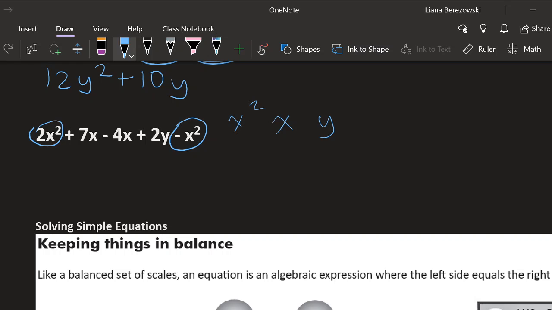So this is really a question of 2x squared minus 1x squared. So 2 minus 1 is 1, and our variable stays the same, so it would be 1x squared, but we don't usually write the 1, so it's just x squared. So 2x squared minus x squared equals x squared. That takes care of 2 of our terms there.